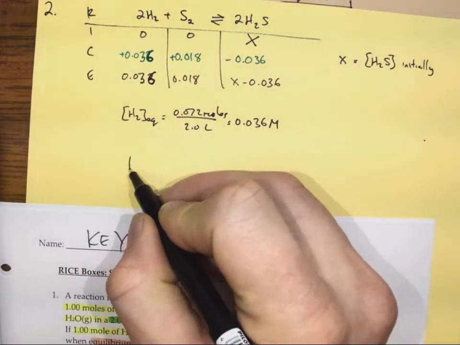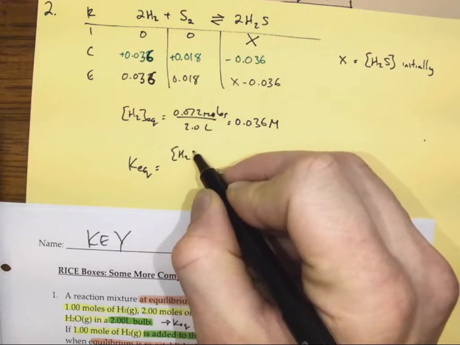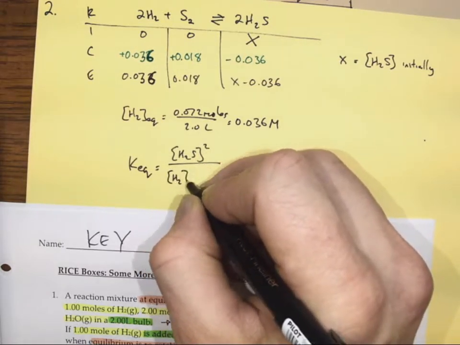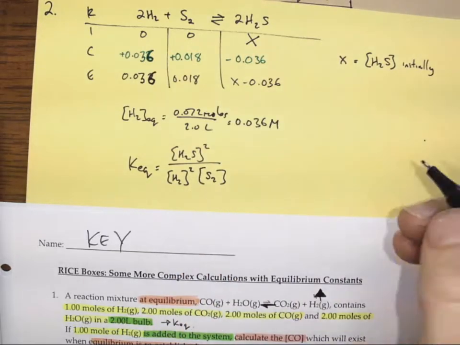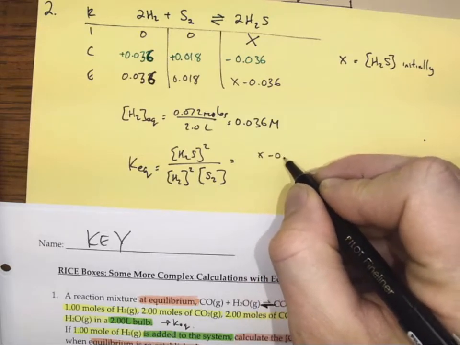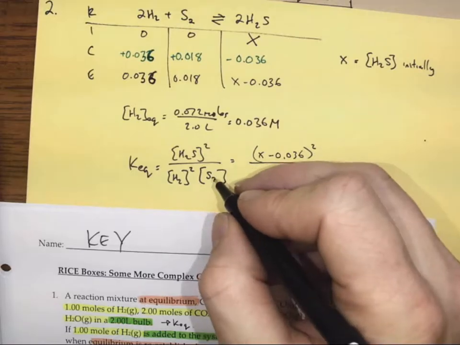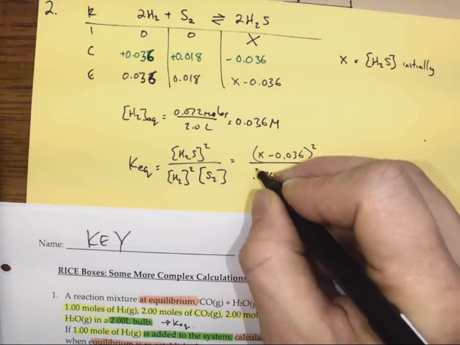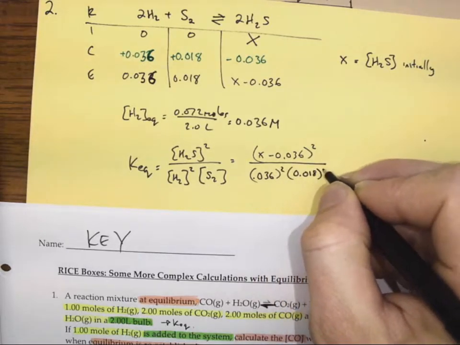Now is a good time to move to an equilibrium expression. Which is going to be our H2S squared over our hydrogen concentration squared times our sulfur concentration, which is x minus 0.036 squared over 0.036 squared over 0.018.